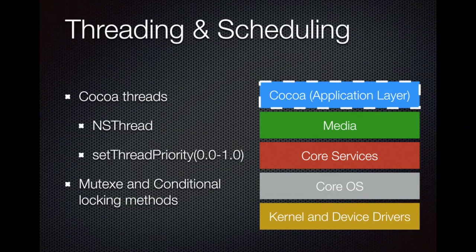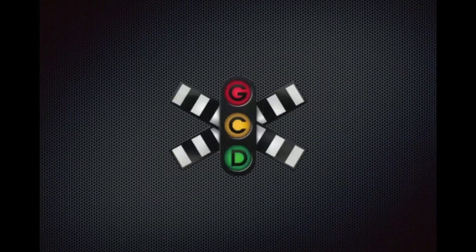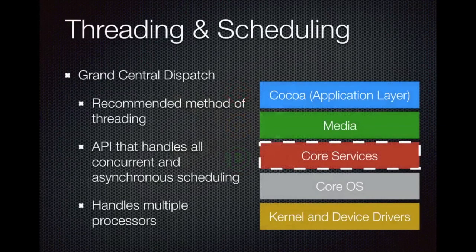So Apple developed a new technology that they wanted to replace threads with. And this is why they actually don't recommend using POSIX or Cocoa threads unless you absolutely have to, because Apple developed a thing called the Grand Central Dispatch. Grand Central Dispatch lives in the core services. It's the recommended method for basically threading.